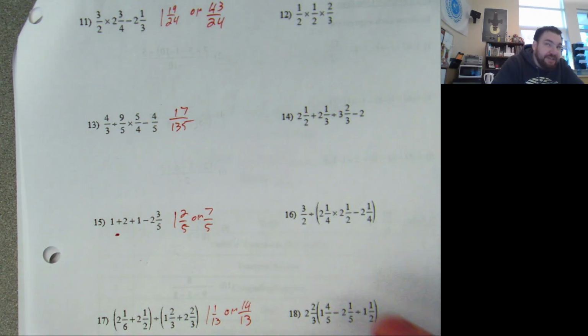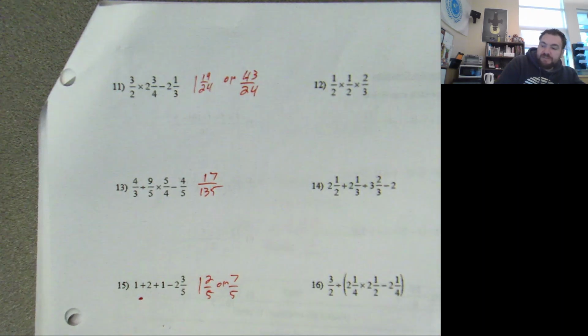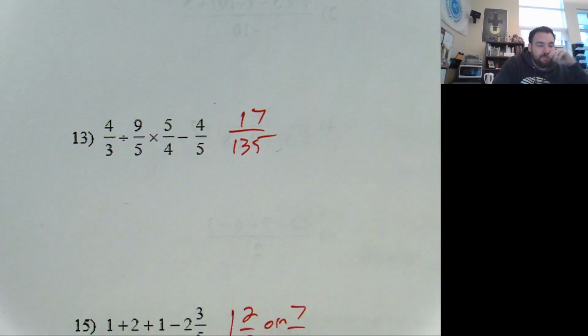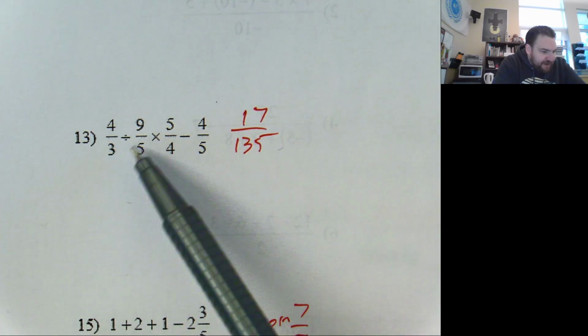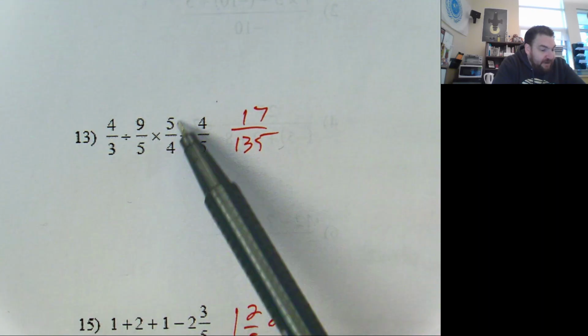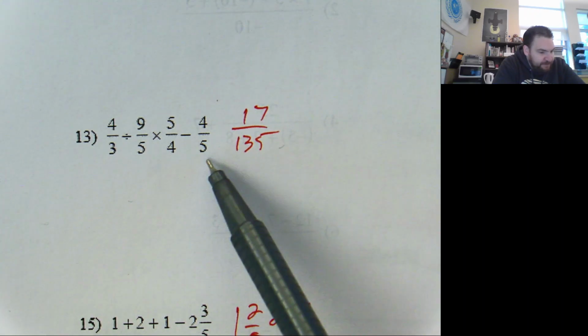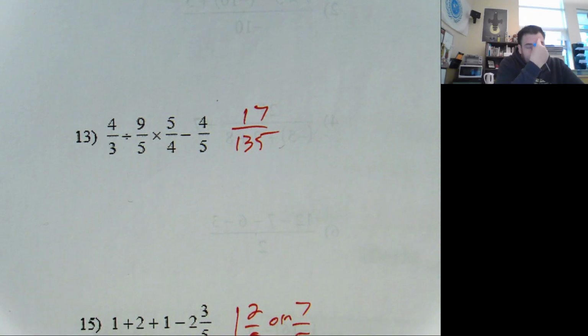Okay. So number 13. Let's zoom in. Grab another color. So let's just read it out. I've got 4/3 divided by 9/5 times 5/4 minus 4/5. It's really important to remember, yes, BEDMAS is true, but there are groups within BEDMAS where it doesn't actually matter which comes first, we just go left to right.